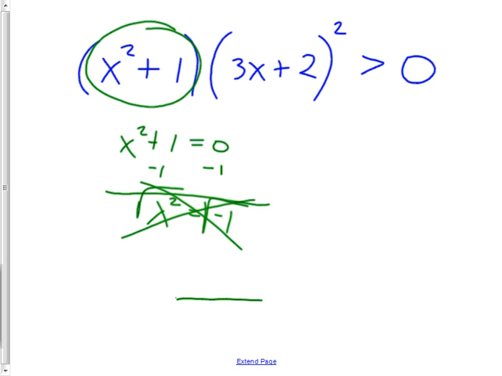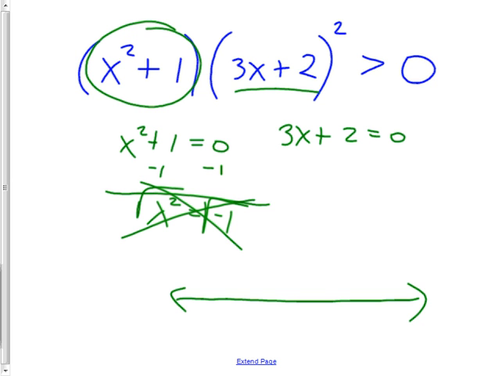That means if I'm trying to make a number line and make some roots, I'm down to only one possibility, and that's right here. Could that be equal to 0 somehow? Yeah, because I can set 3x plus 2 equal to 0. Solve that, please. That one you can get 0 from. It's a nice little fraction.